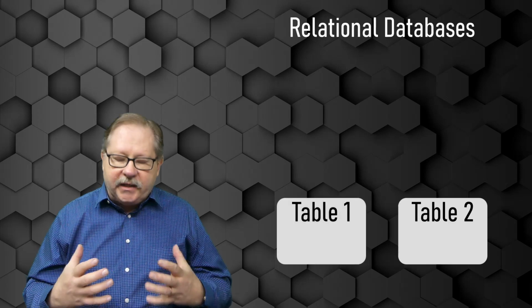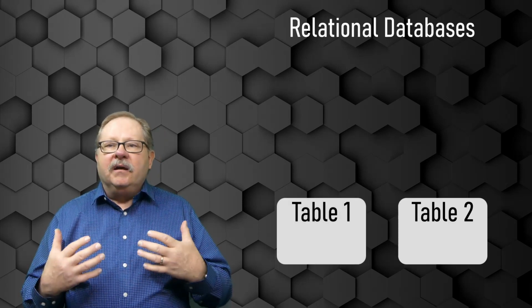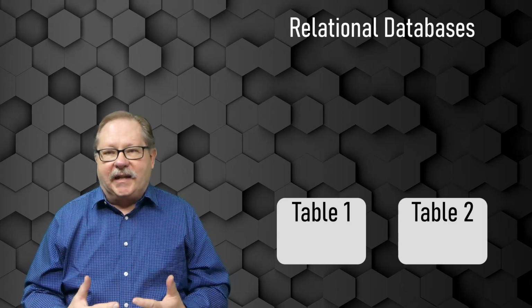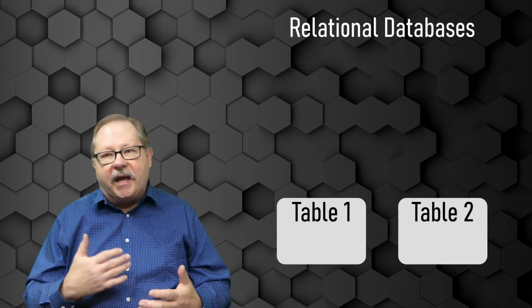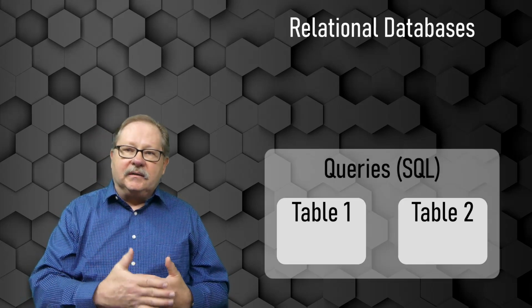Now, with the development of relational databases, Boyce and Codd defined how databases would be constructed, and they began being called relational databases. And these relational databases then brought forth a language to talk to the data called SQL, Structured Query Language.